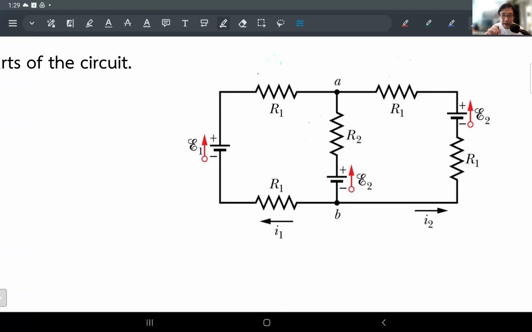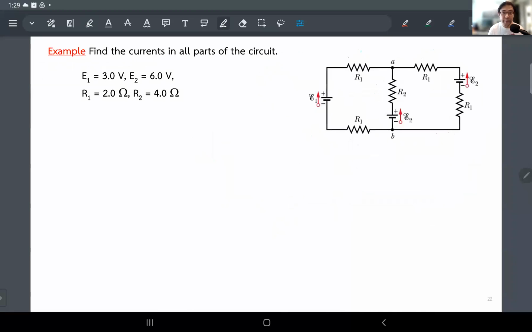Okay, so you have a circuit like this. You have to figure out the current that is flowing through all pieces, all of the areas of this circuit. How can you do it? Now, this is the process, okay? How many wires can you see that are straight wires without any break, without any split?